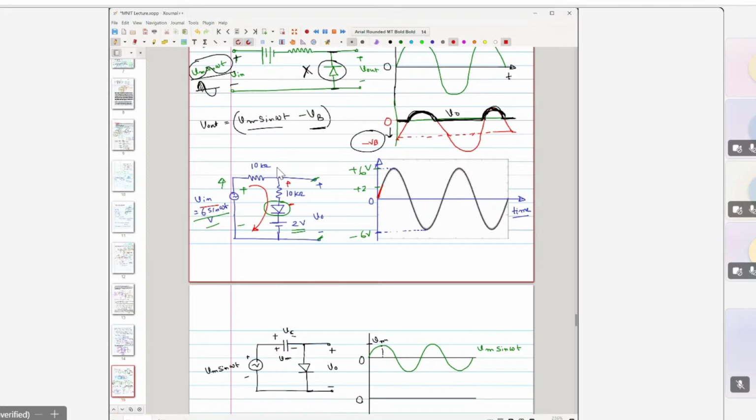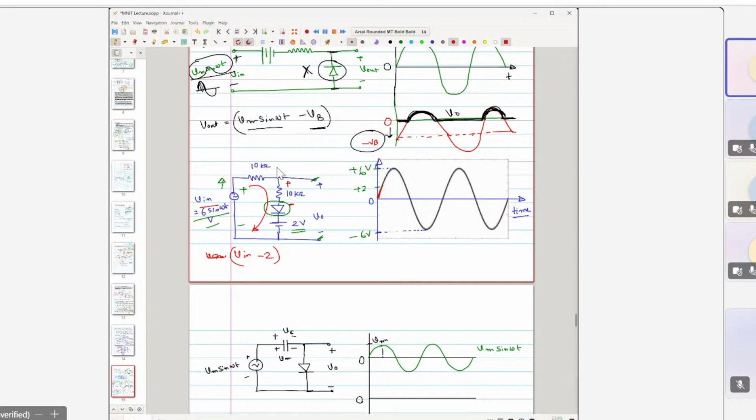You know this voltage, V in, and minus 2 volt has to be subtracted. We are assuming V gamma, the voltage drop across this diode, is equal to 0. If not, then an additional drop of minus 0.7 we have to consider.